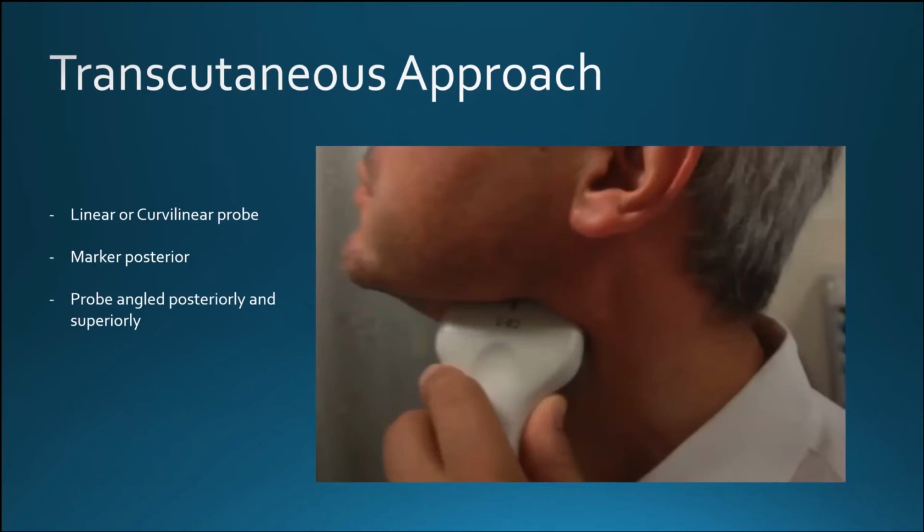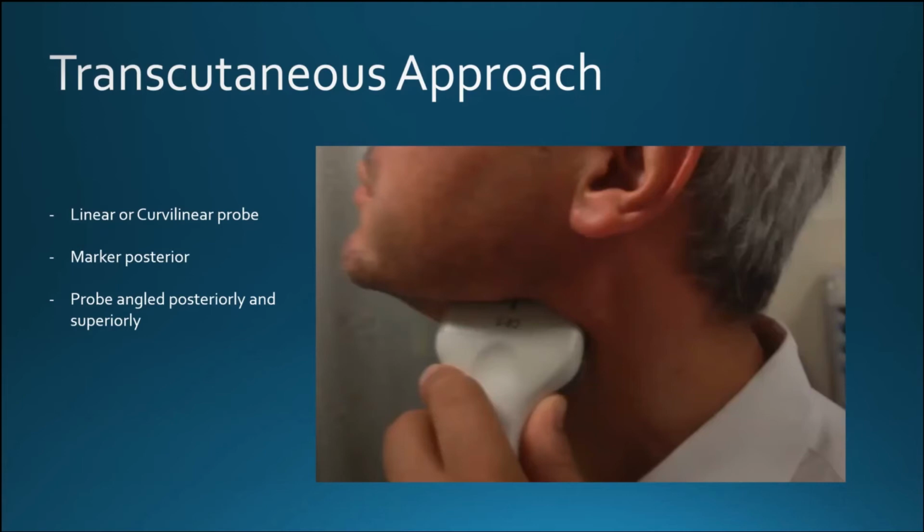What you do here is grab a curvilinear probe. The maker of it said he actually prefers the curvilinear, which is what they have right here. The marker is going to be posterior, and the transducer is placed medial to the angle of the mandible, directed posterior-superiorly toward the tonsillar fossa.